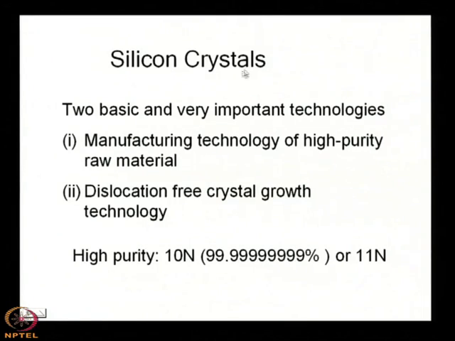Now, for silicon crystal growth, you see that there are two basic and very important technologies involved. One is the manufacturing technology of high purity raw material. That is very important. This is the precondition, that you cannot grow silicon using just SiO2 or sand taken from the earth's crust, that is not possible.